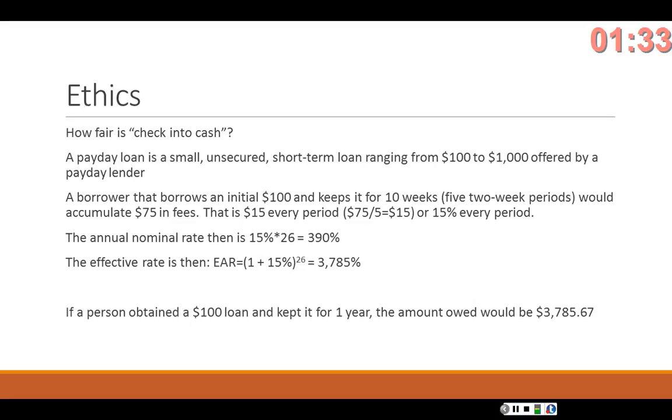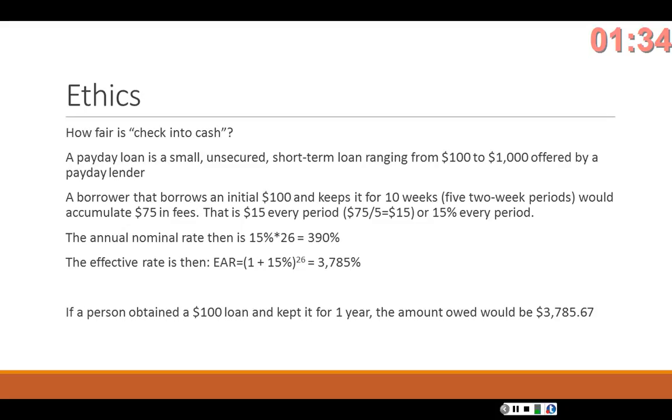So here a borrower that borrows $100 and keeps it for 10 weeks, so that's 5 2-week periods, would have $75 in fees. So they would be paying $15 every 2 weeks, or 15% every period. So $15 is 15% of $100.